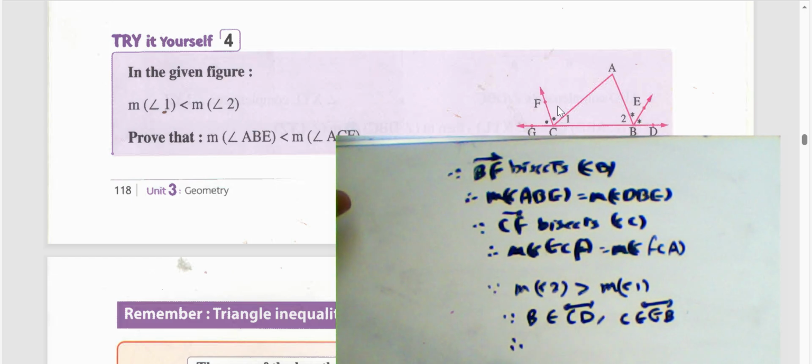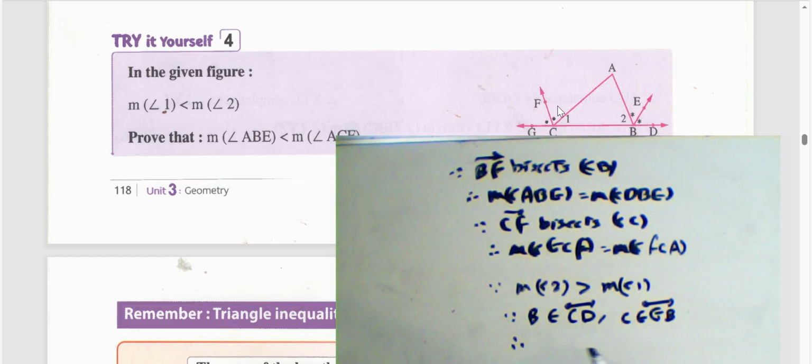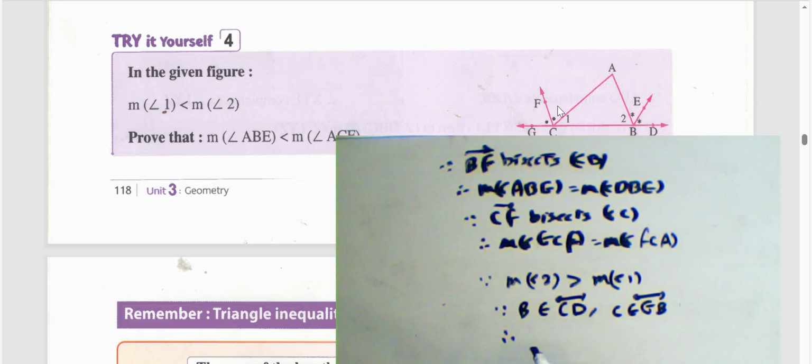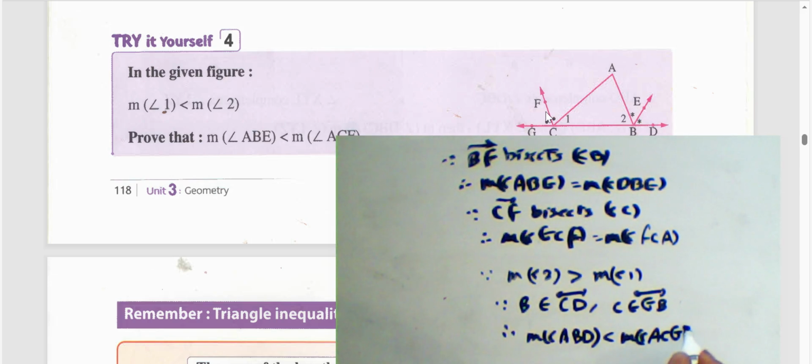Then the supplement of angle 2, the measure of angle ABD, will be less than the measure of angle ECG.